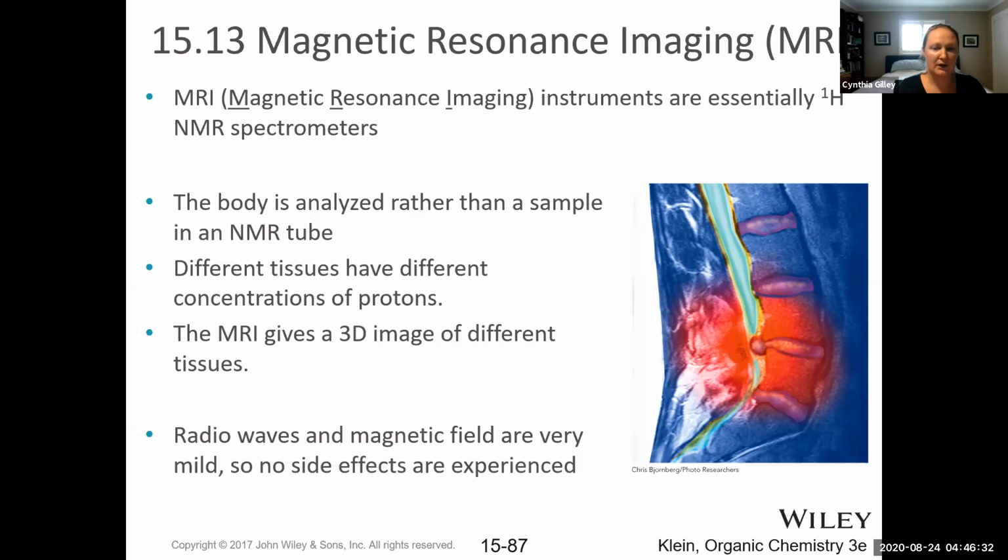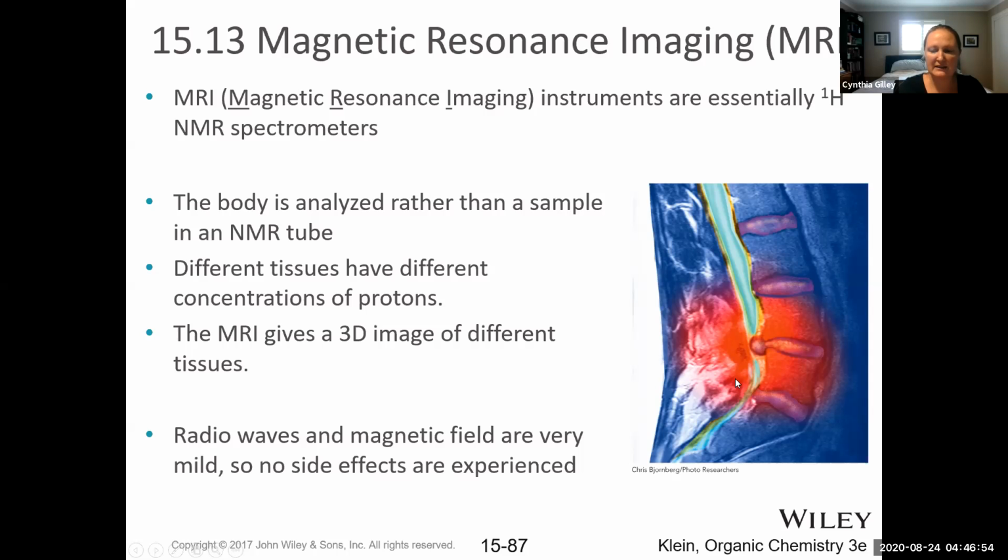Some fear around the word nuclear and whether or not that involves radiation, which it definitely doesn't. And so basically it's an NMR spectrometer, but it gives an NMR in 3D, essentially. And things are color-coded based on proton density.